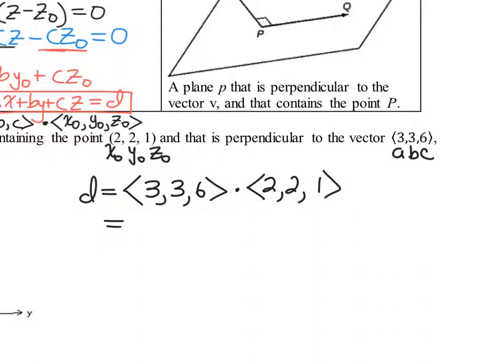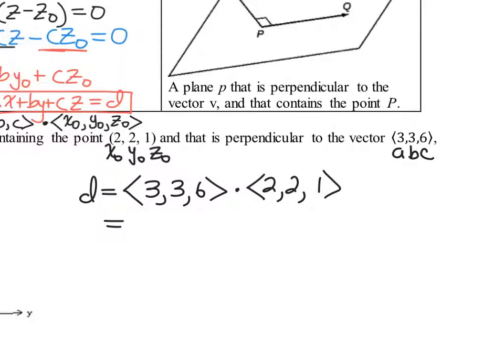All right, so I find the dot product of these two vectors, the given perpendicular vector, and also the vector whose components are the given point, all right? And so that would be the vector from the zero vector, all right?